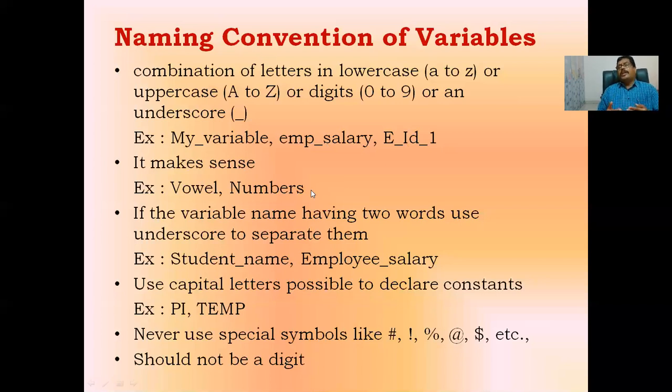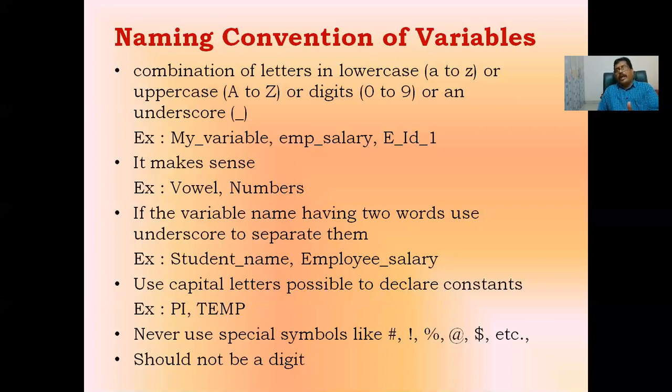Generally, whatever variable names we give, they should be understandable and should make some sense. Try to assume that we are storing some vowels in that particular location. At that time, we give the variable name as vowel. Suppose you are storing numbers in a particular location, for that location we name it as number. Like this, we create variable names.